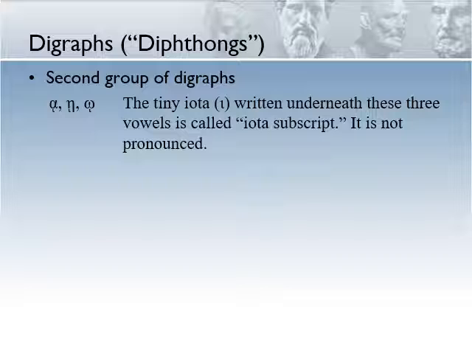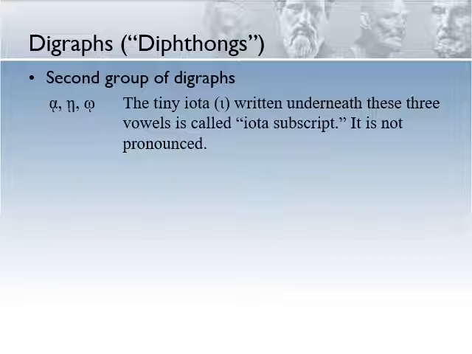I want to think about another group of digraphs, and this is a group known as iota subscript. Take a look at these three digraphs. You have an alpha, an eta, and an omega, but underneath each of these vowels is written a tiny, tiny iota. Now, iota is already the smallest letter of the Greek alphabet, but when it's written as one of these subscripts, it's even smaller than normal, written right underneath these vowels.